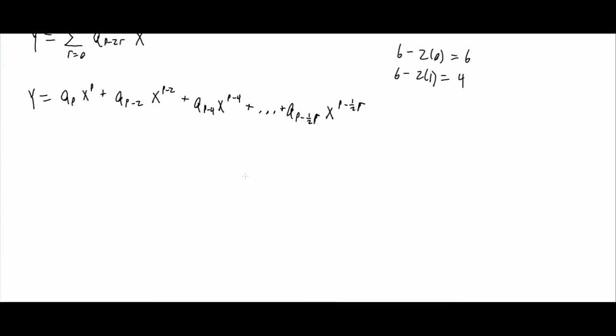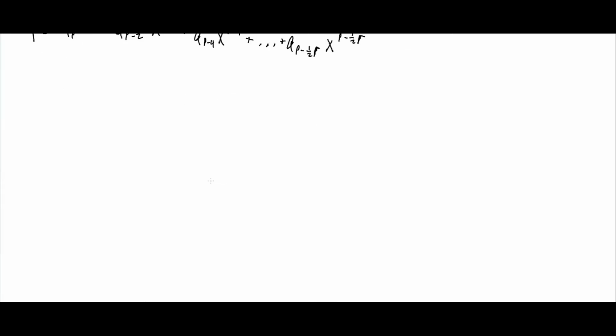And what we will end up getting, if we write in our a sub p minus 2r, since up here we have 2r, so this would be 2 times 1/2 p.